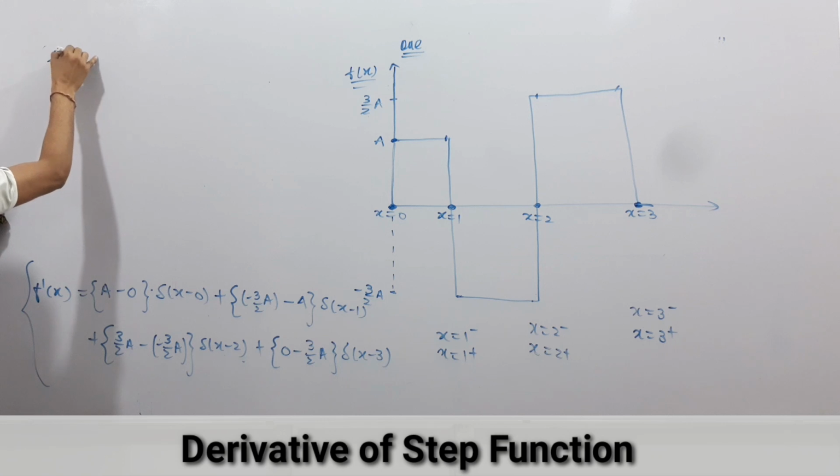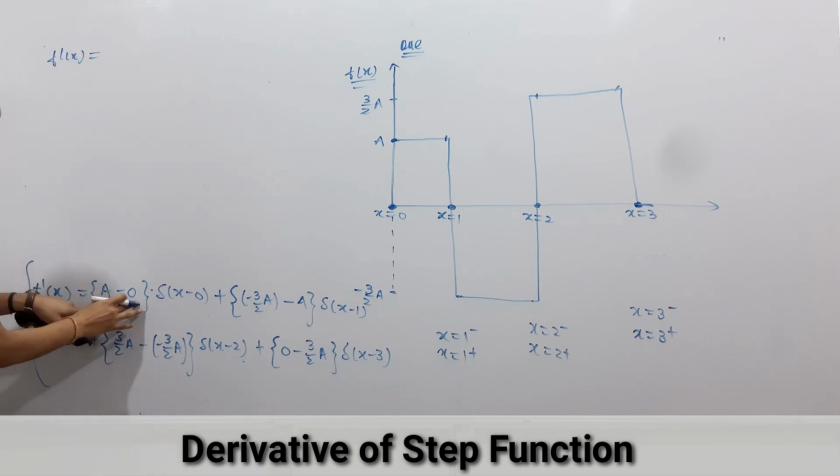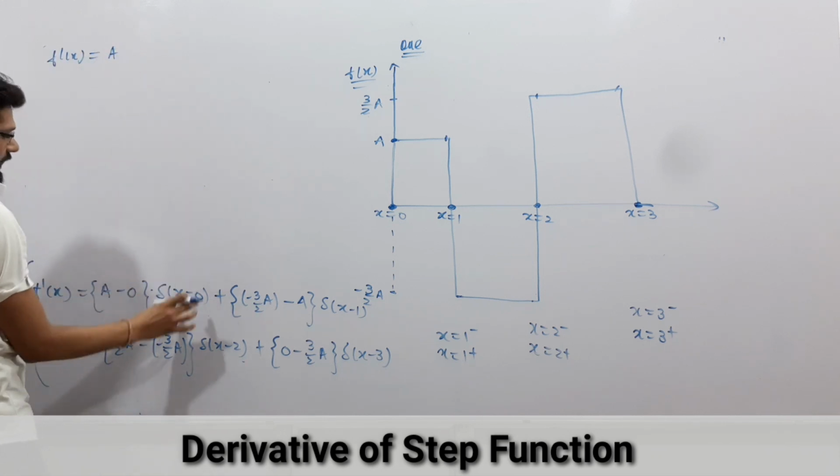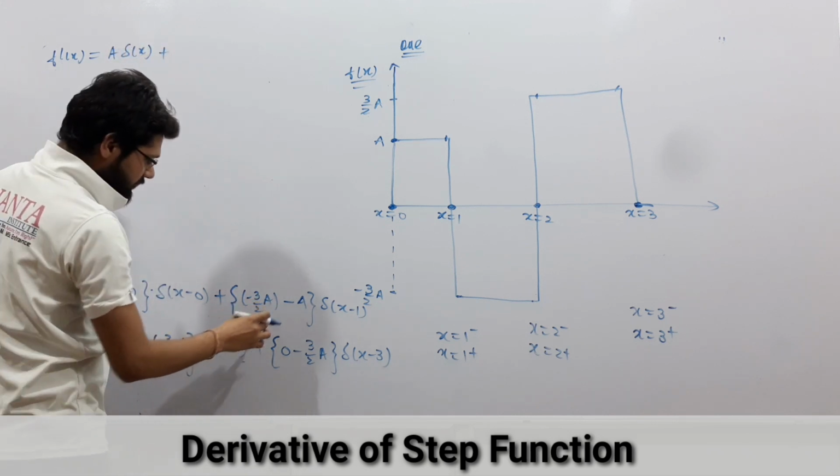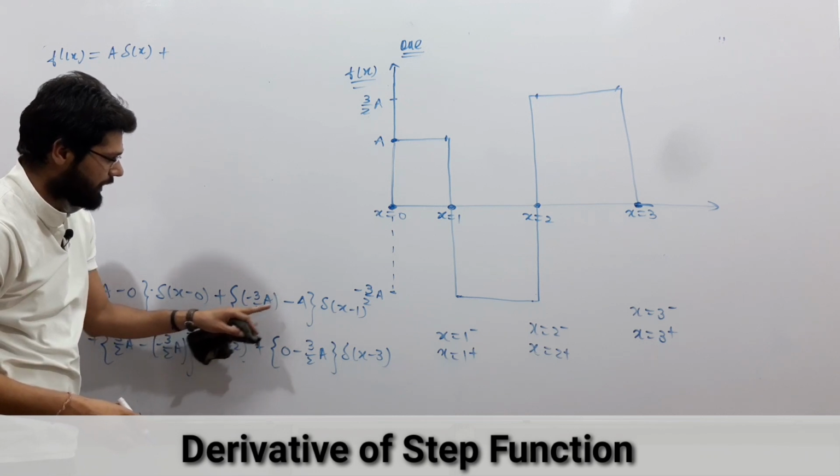F prime x will be a minus 0, so a delta of x minus 0, delta of x, plus, and this will be minus 3 by 2 a minus a.